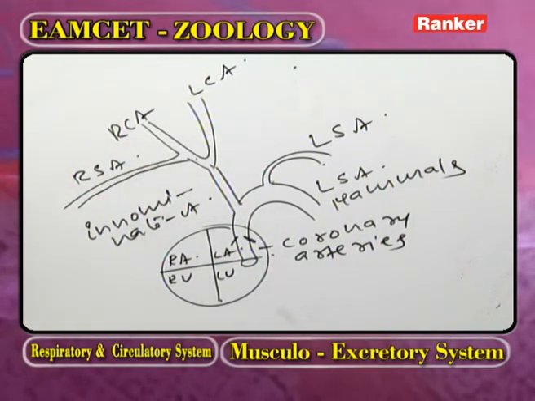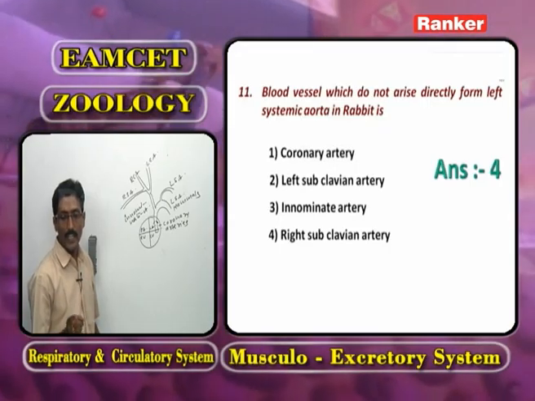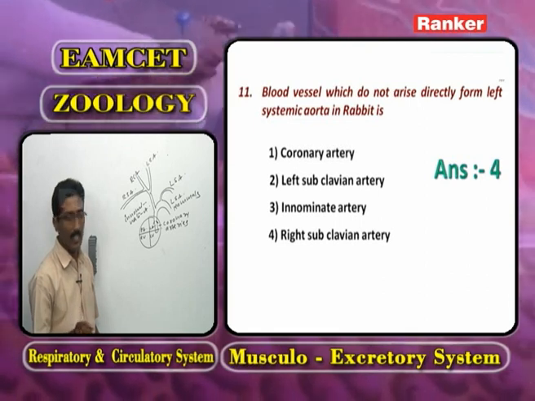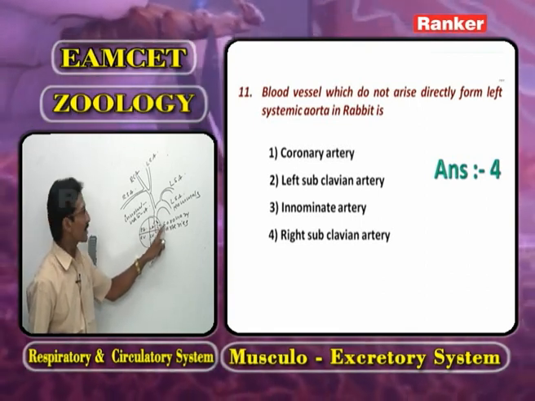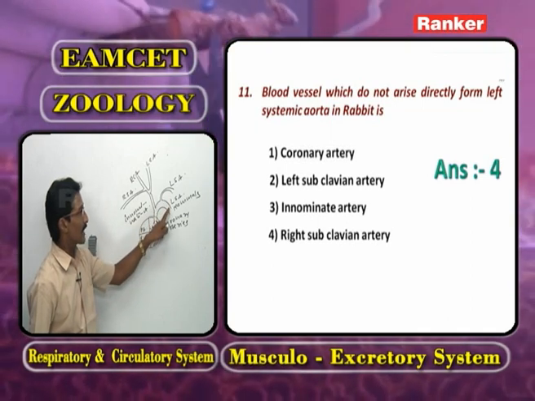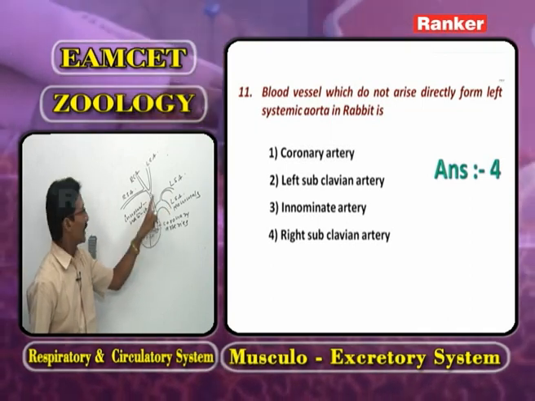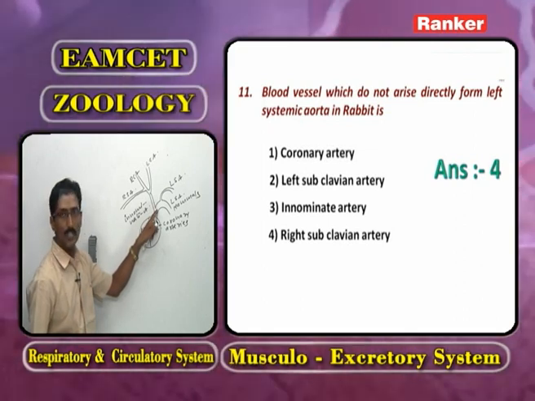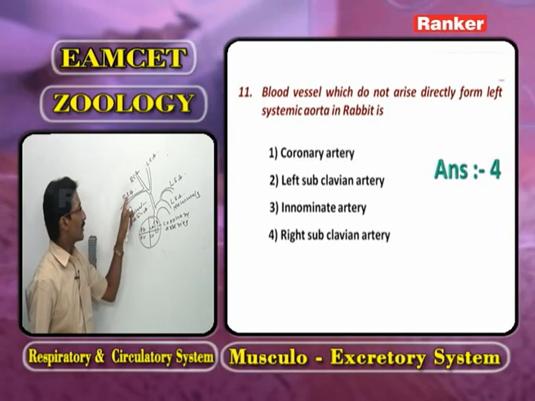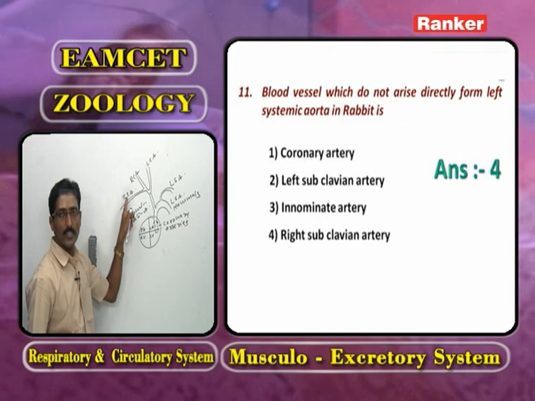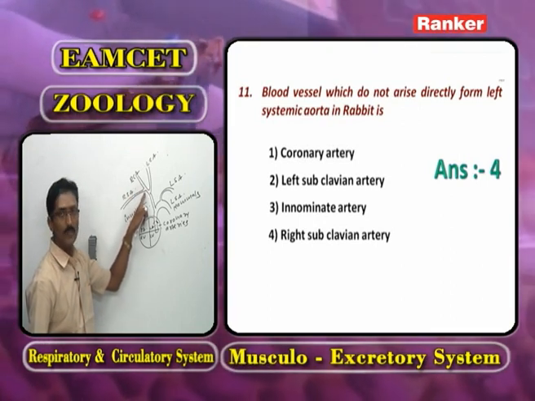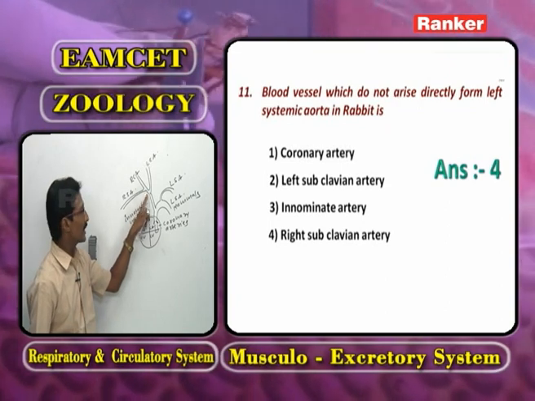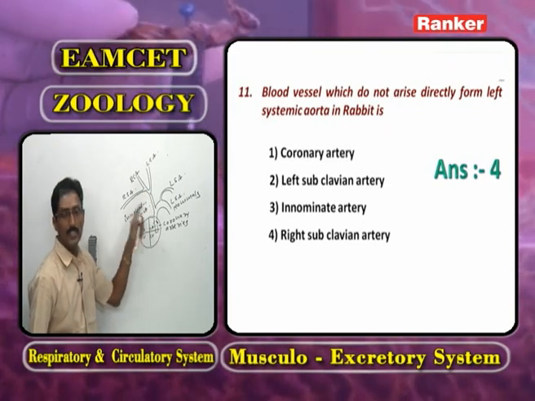Now here we observe blood vessels which do not arise directly from the left systemic arch. Coronary arteries, left subclavian artery and innominate artery arise from left systemic arch. What is the next one? Right subclavian artery arises from the base of right carotid artery but not from the left systemic arch.